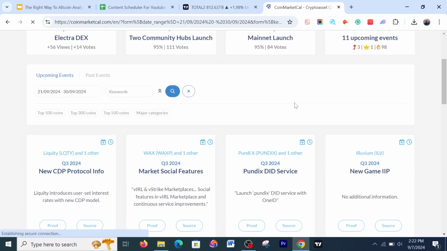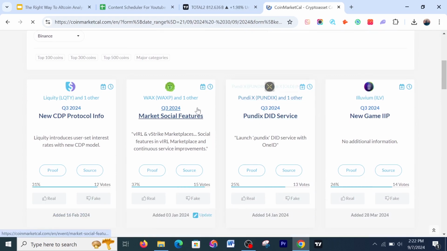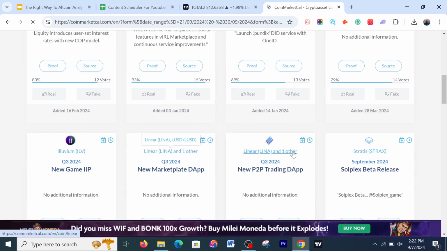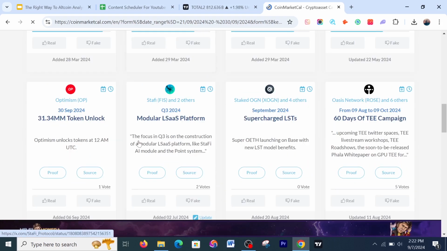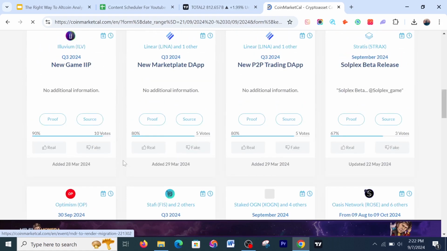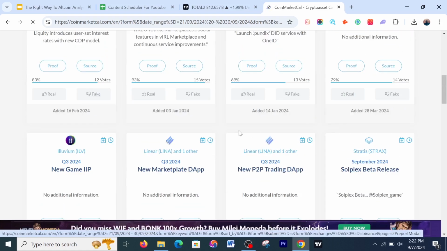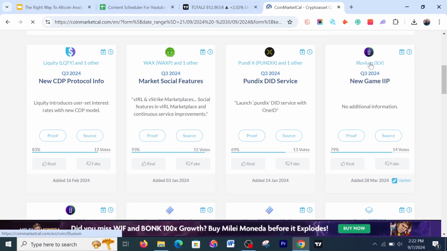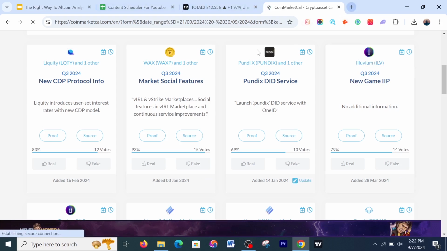Let's see again, there's still Wax, Illuvium again, Lina, Stratis, Optimism, and Render. So it seems as if Illuvium and Wax have more news than the rest. Let's check out the tokenomics for them.